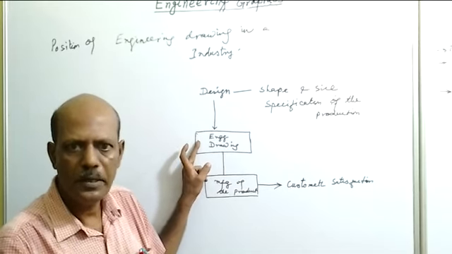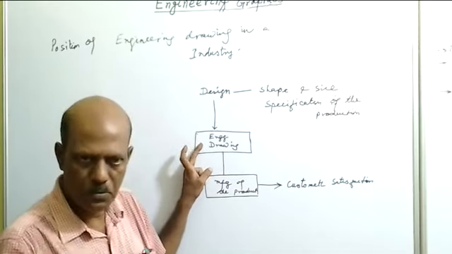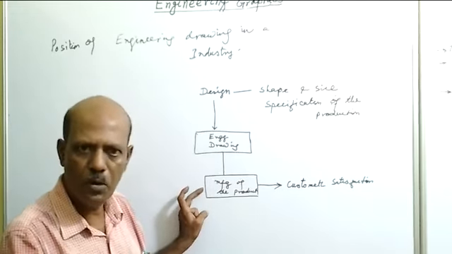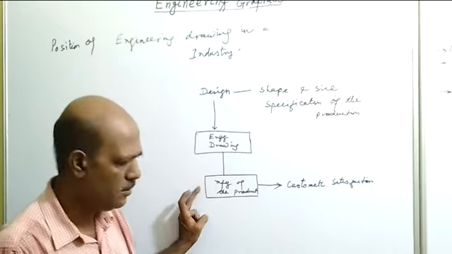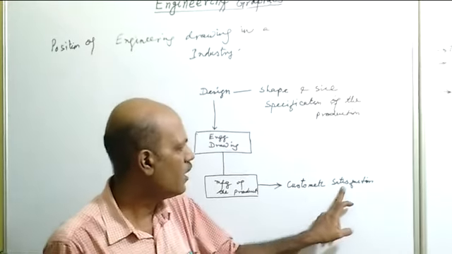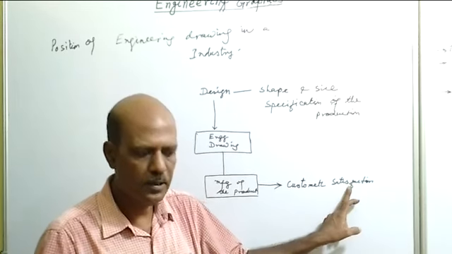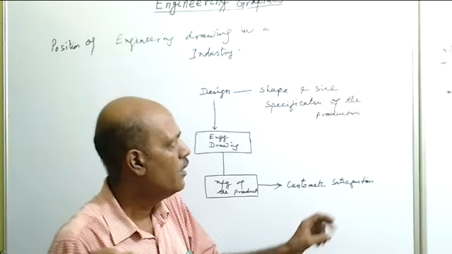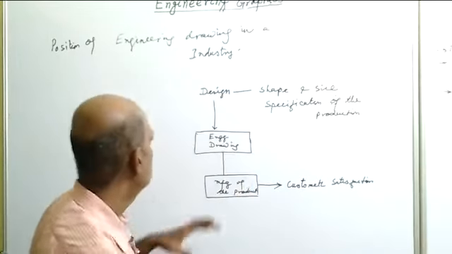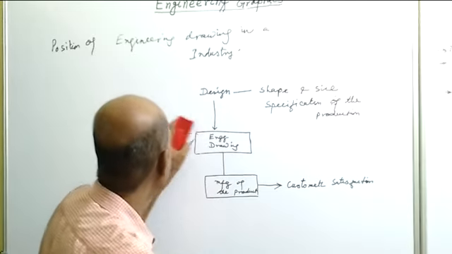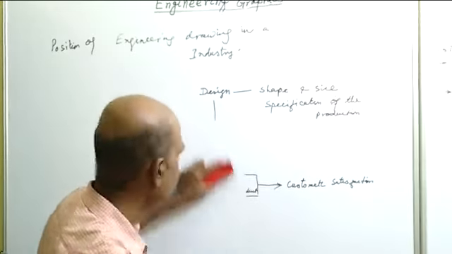It may be in a multi-view drawing. That drawing will go to the shop floor for manufacturing of the product, and then that physical product will be shipped to the customer for their satisfaction or for the fulfillment of their need. So this is the position of engineering drawing in manufacturing industry.